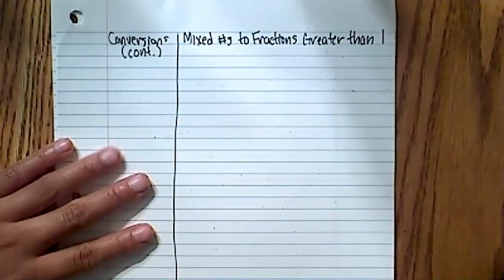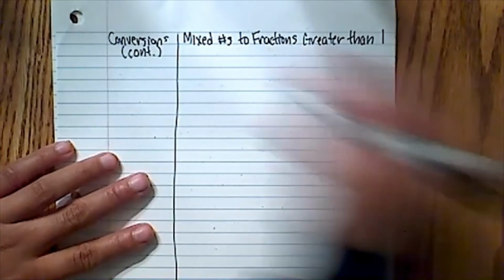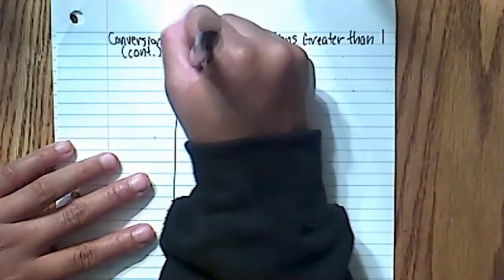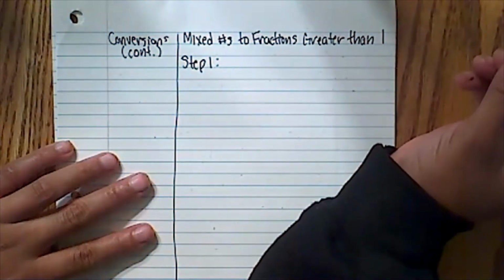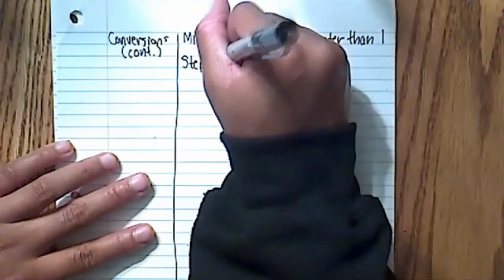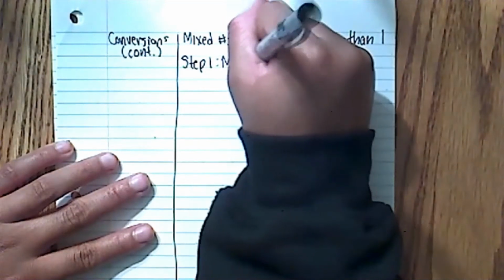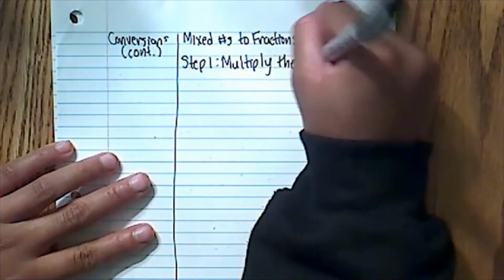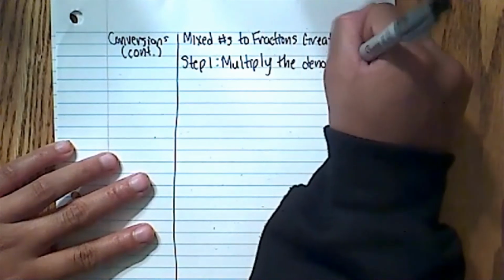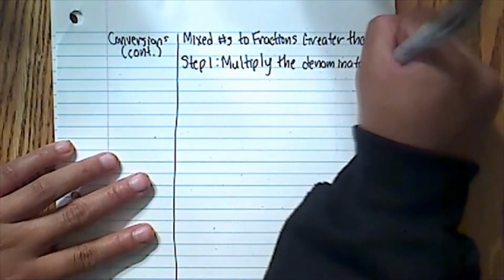For this, we also have 3 steps. Step 1, multiply the whole number. So first we're going to multiply the denominator by the whole number.